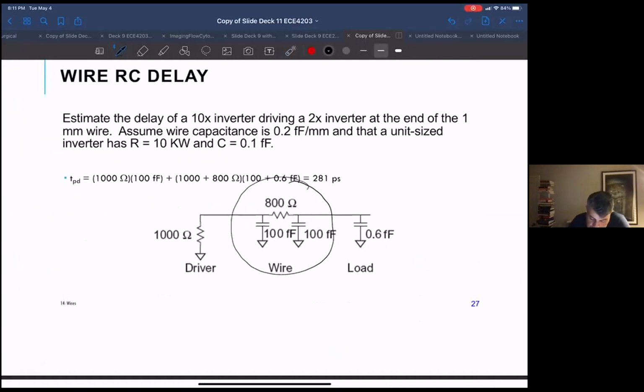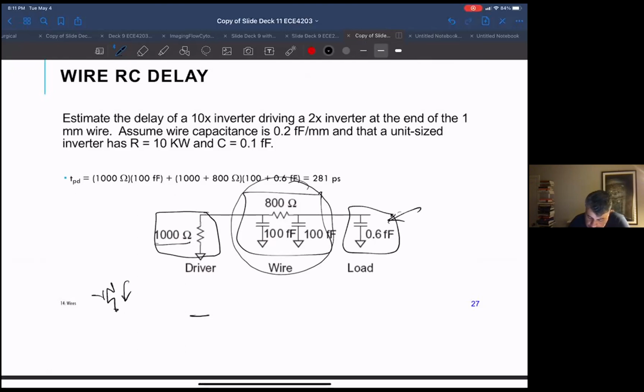This is the resistance of your driver, and it's 1,000 ohms; that's your inverter, like your NMOS trying to pull this line down. This is the gate capacitance.